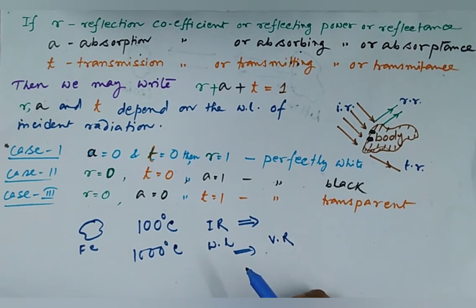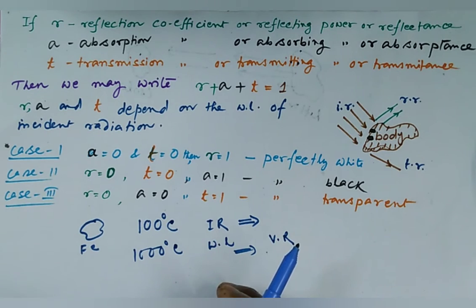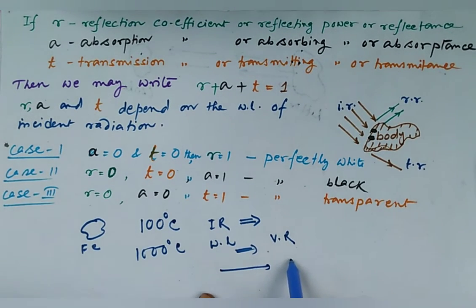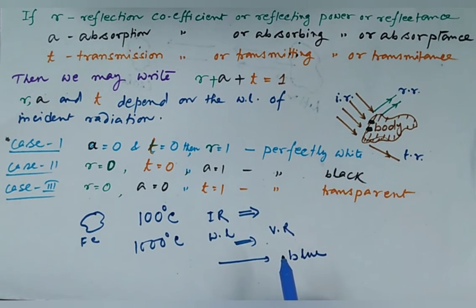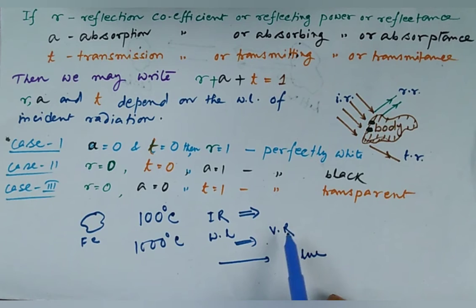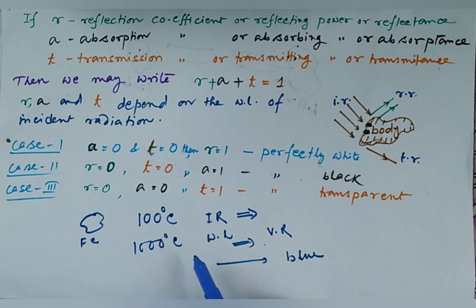Further heating makes the iron piece white hot, and its radiation shifts towards the blue, which has still shorter wavelength in the visible region. Thus, we see from this discussion that the nature of the radiation depends on the temperature of the body.